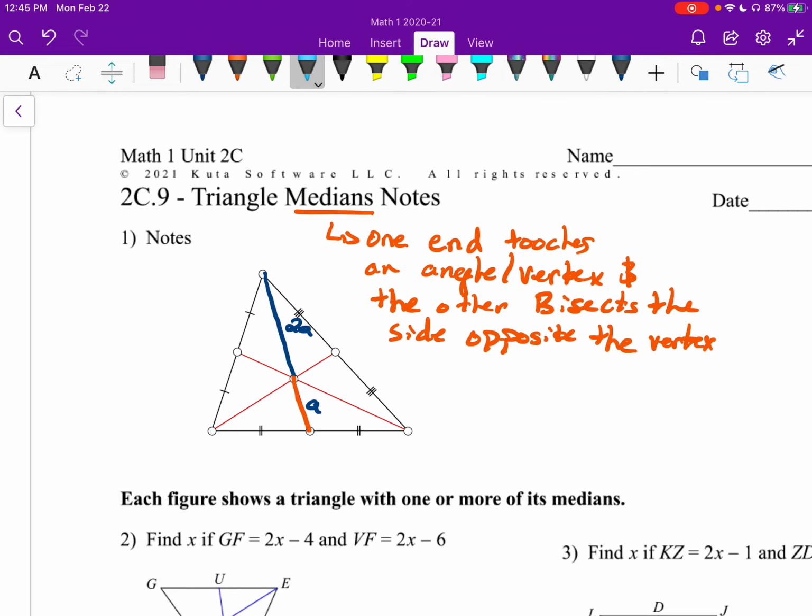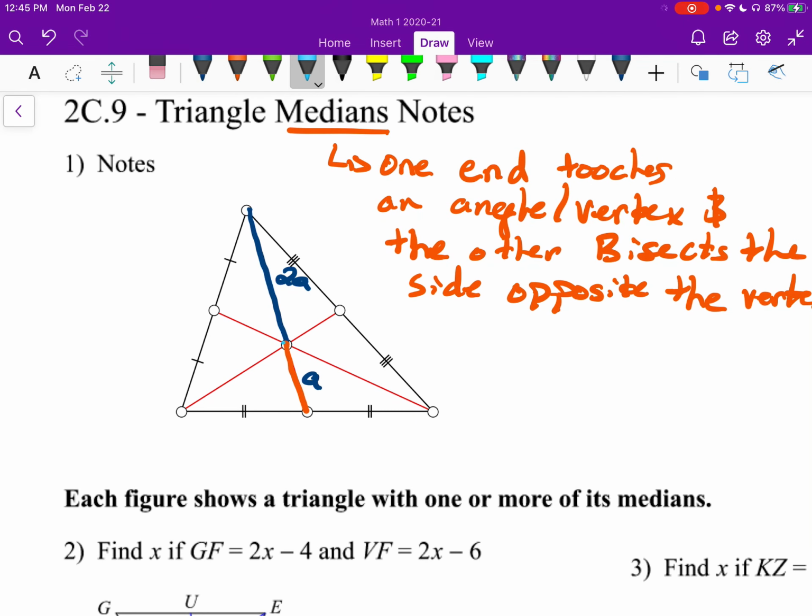So we could, if we wanted to, I might not draw the whole thing in, but this blue piece, we could call it B, and this piece here could be 2B, right? So the piece that comes out of the vertex, between the vertex, that angle, and the middle piece, that's 2A, whereas the piece that touches the side and then goes to the middle is A. All right, that's what we want to remember.